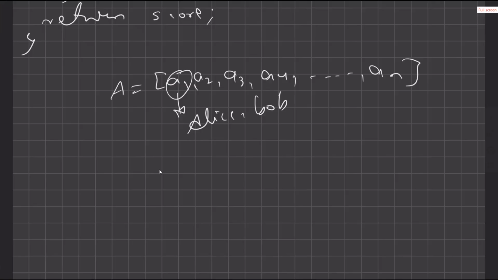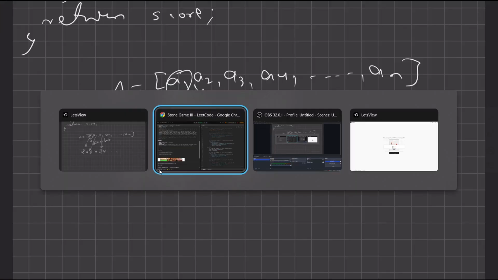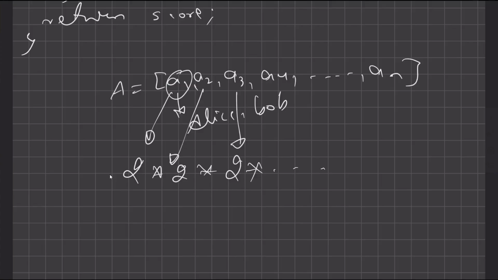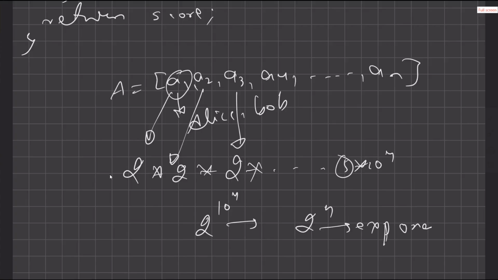So we have two options here. So these stones can be chosen in two ways. This stone can be chosen in two ways. Similarly, in total, how many elements are there? It is 5 into 10 power 4. So it is going to be, even if you do, 10 power 4. Okay, so it's an exponential solution. We can say 2 to the power n, exponential. And definitely it is going to give us TLE.